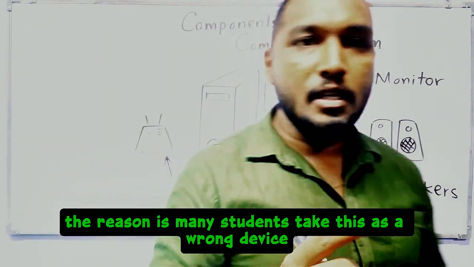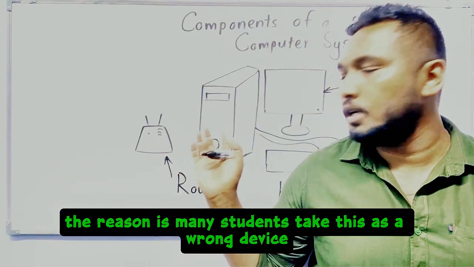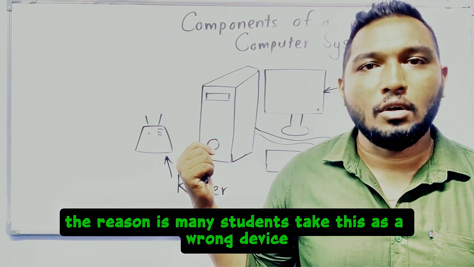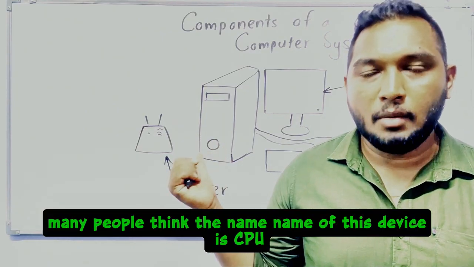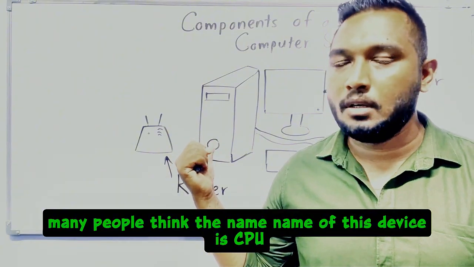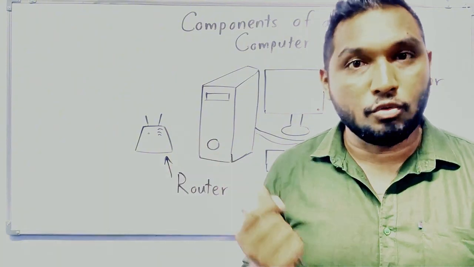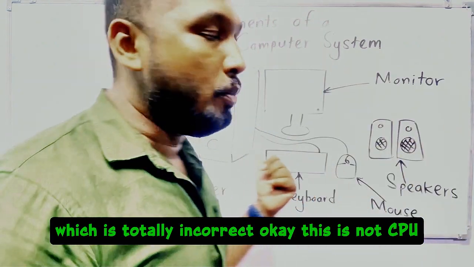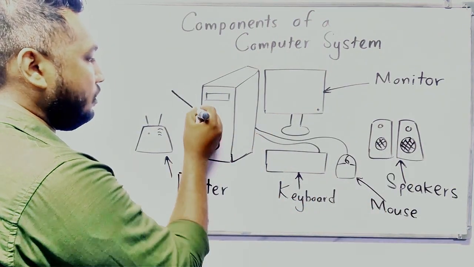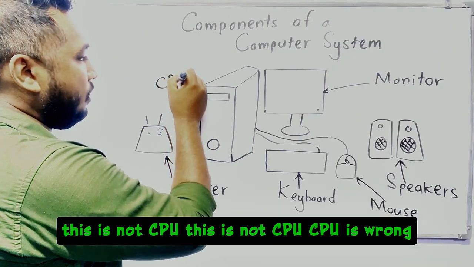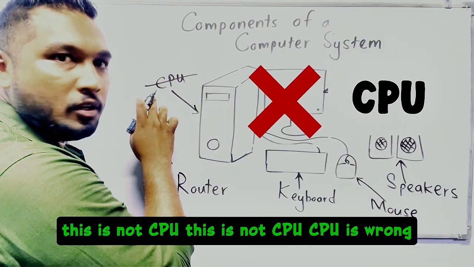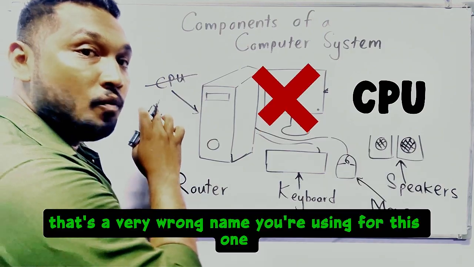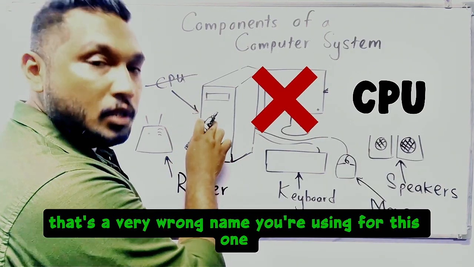The reason is many students take this as a wrong device. Many people think the name of this device is CPU, which is totally incorrect. Okay, this is not CPU. That's a very wrong name you are using for this one.